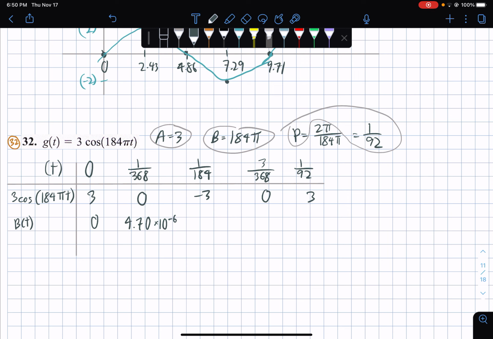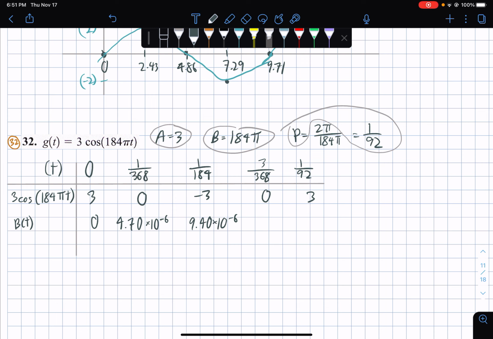I'm not sure if that's how you pronounce it, but I hope you still get the point. 1 over 184 divided by 184 pi is 9.40 times 10 to the negative 6th power.